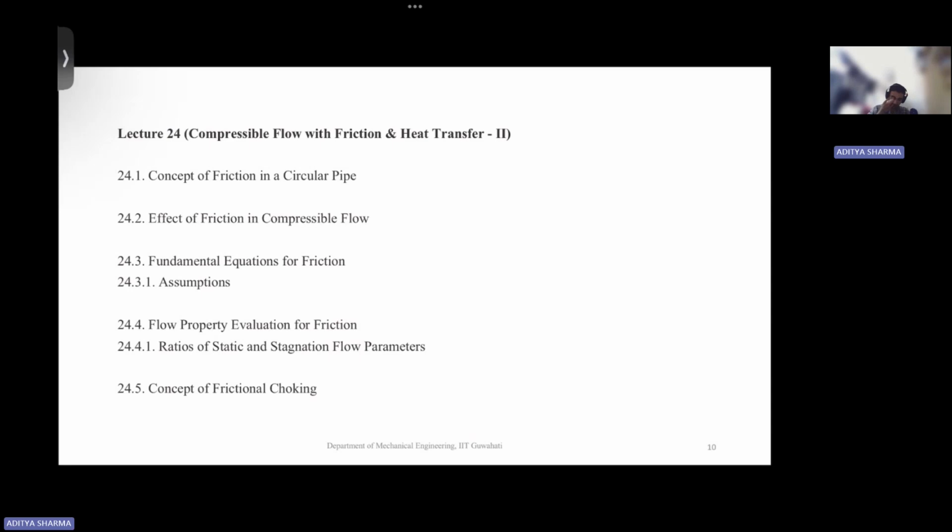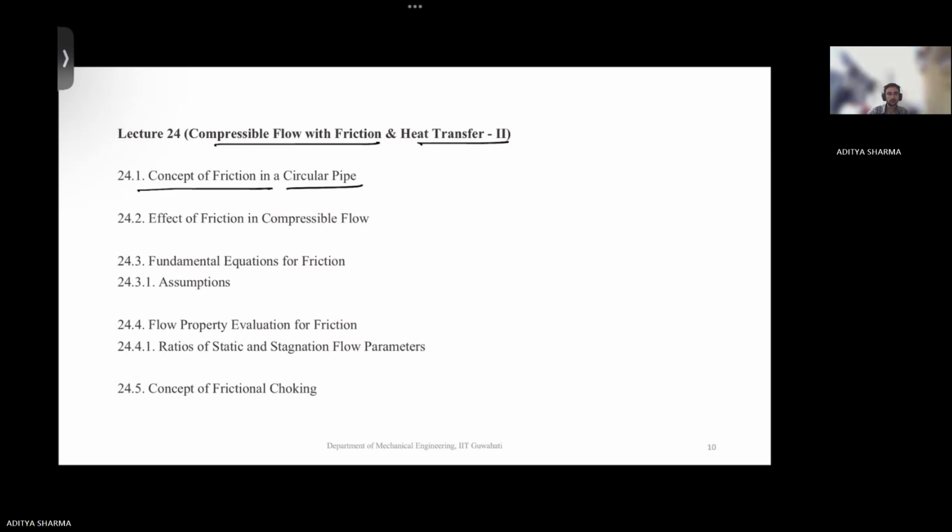So lecture number 24, compressible flow with friction and heat transfer. Concept of friction in circular pipe.